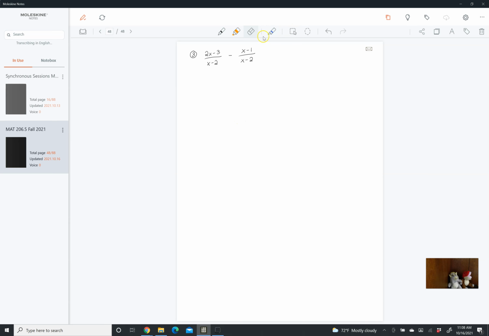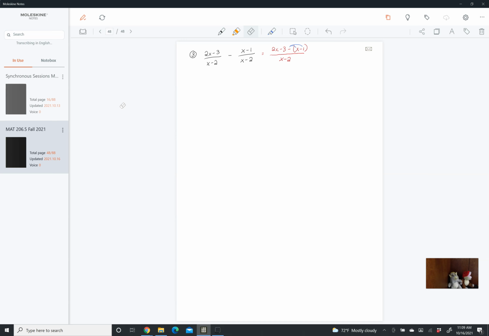So actually, let me write out an extra step here. You can include it, but you don't have to. Essentially, what you're doing here is you're doing 2x minus 3 minus x minus 1. Okay, so you can write this out, or you can just go straight from the previous step, just showing that this negative sign gets distributed.